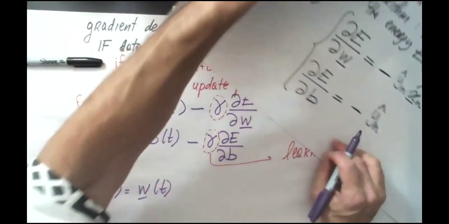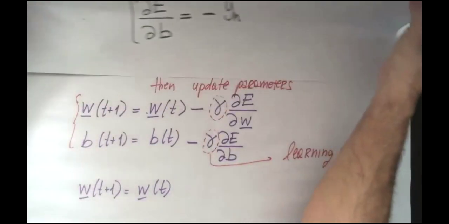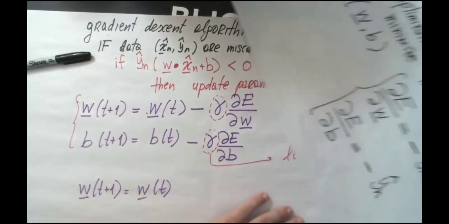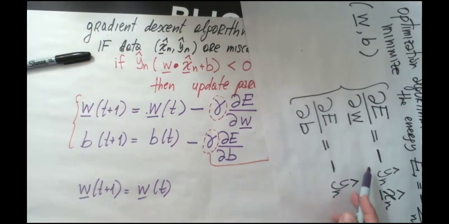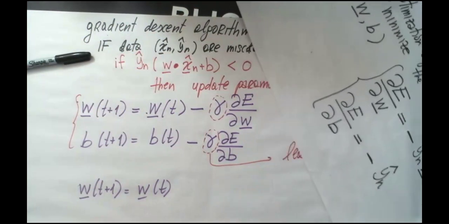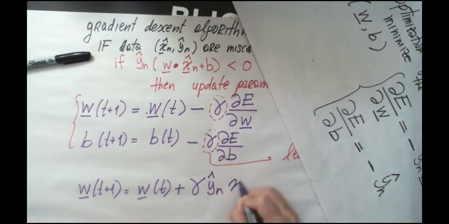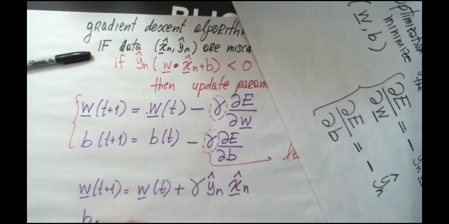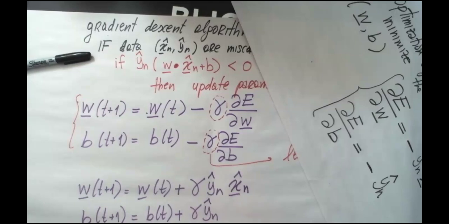So this is minus yn xn. With the minus in front, it becomes plus yn xn, and the bias, whose derivative is minus yn, here becomes plus yn.